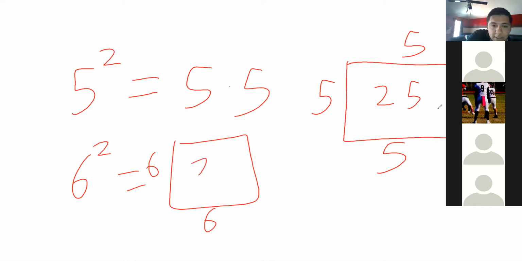36, exactly. So that's why we call it squaring. Now, if we go the opposite way, let's say we're talking about 49, and we want to find the side of the square.